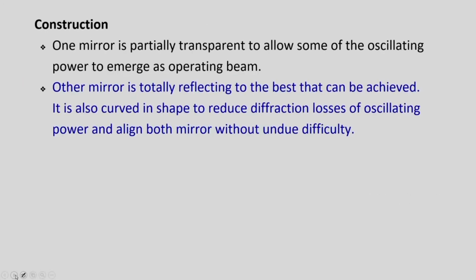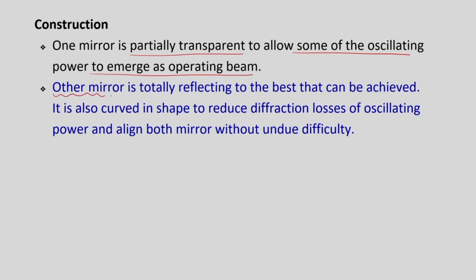Fine. So, these are the constructional details. The same thing I have summarized in words in this particular slide. We require one mirror which is partially transparent or partially reflective, allowing some oscillating power to emerge as the operating laser beam.